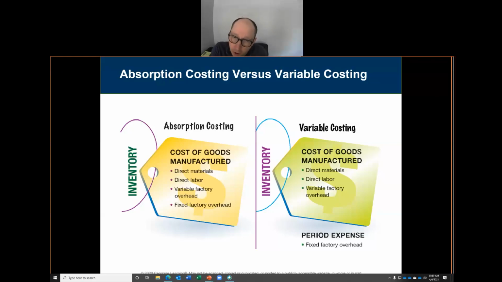In variable costing, we're only interested in direct materials, direct labor, and variable factory overhead. The fixed factory overhead part is expensed out as a period expense. You hopefully remember the term period expense, as within the accounting period we incur expenses.